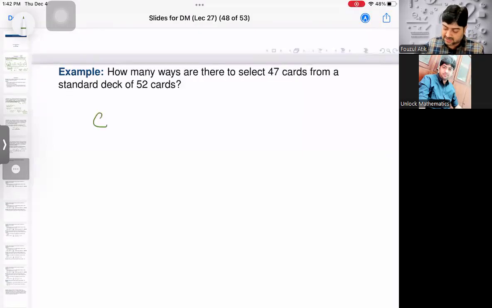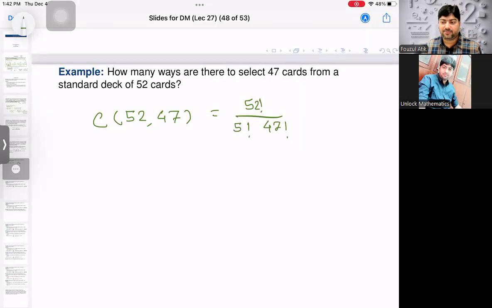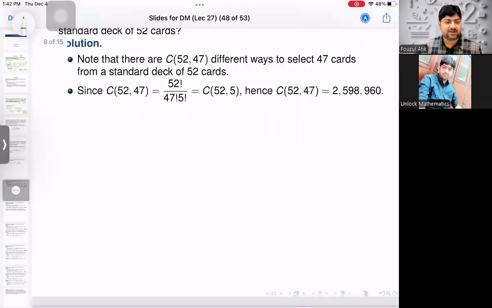We know it is C(52, 47). The value is 52 factorial divided by (52 minus 47) factorial, that is 5 factorial, times 47 factorial. You can calculate the value, easy, right? So the answer for this question is already there, you can check.